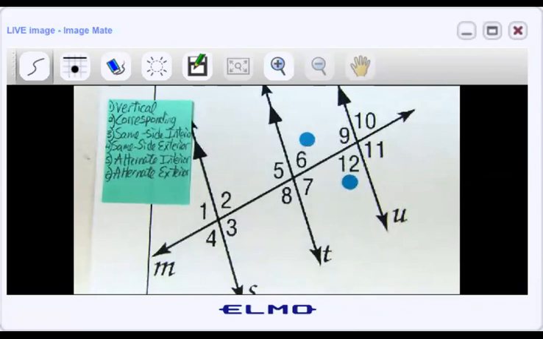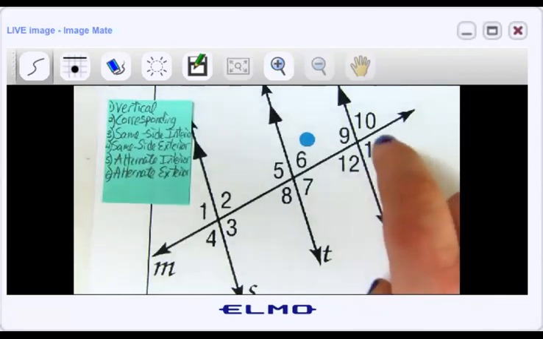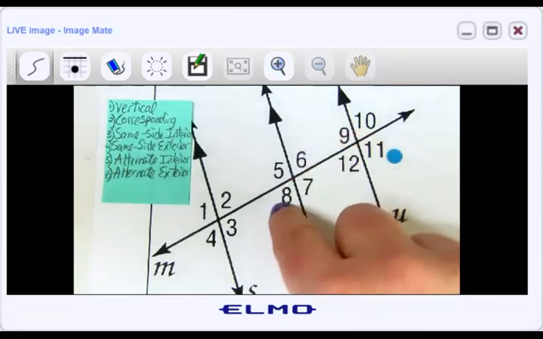Okay, Tom, pick a number 1 to 12. 11. Okay, what are 11 and 8?